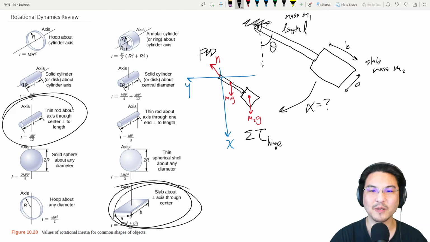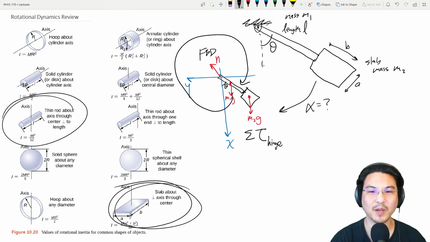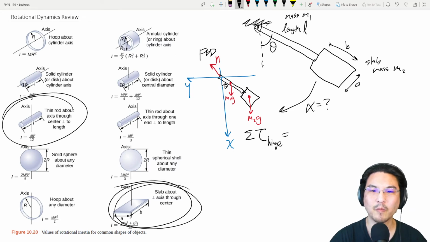Okay, the torque due to M1G would be, here's the angle, so the lever arm is over here. And then it would cause a torque going this way, right? Positive. So it's positive M1G times the lever arm, which is here to here, which is opposite the angle. So that's L over 2 sine theta. Okay.